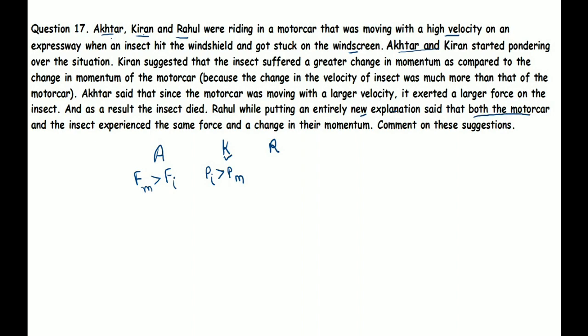Akhtar gave the suggestion that the force applied on the insect was much smaller than the force applied by the motor car. That means the motor car exerted a larger force on the insect, just because of which the insect died.